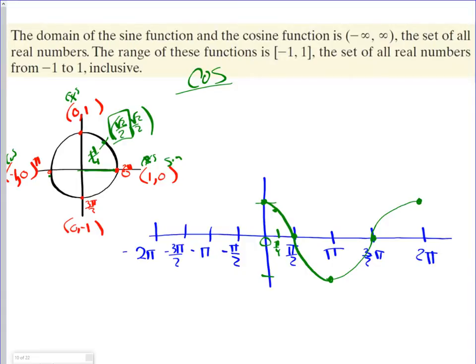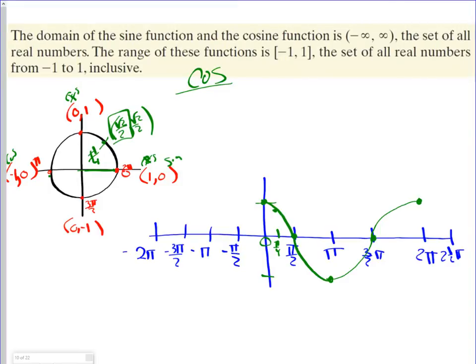I have a question for you. Let's say that I went a little bit further, to the next part. So this would be like 2.5 pi? 5 pi halves. What would my cosine value be?